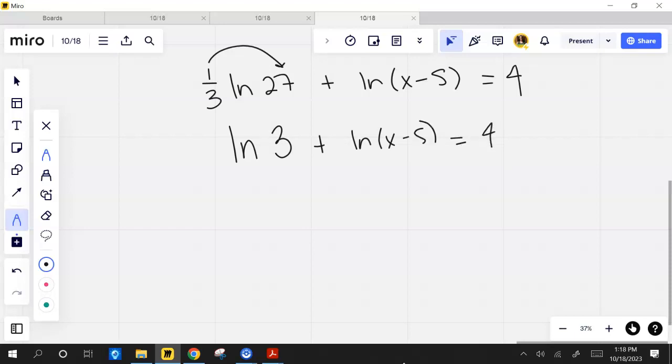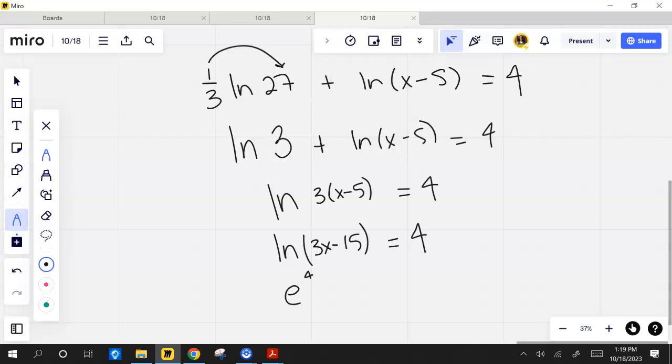Oh, slow down, Speed Racer. No. E to the fourth power. So this quickly becomes a calculator problem.